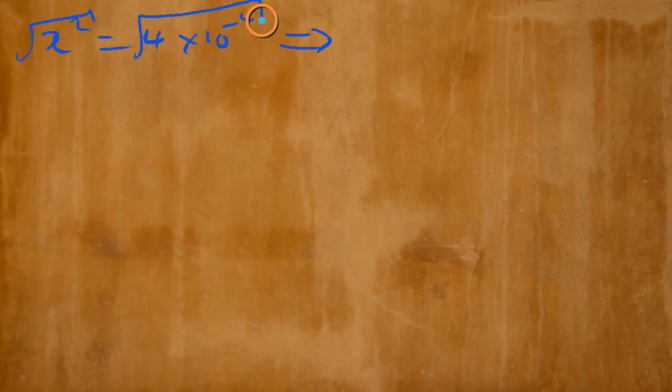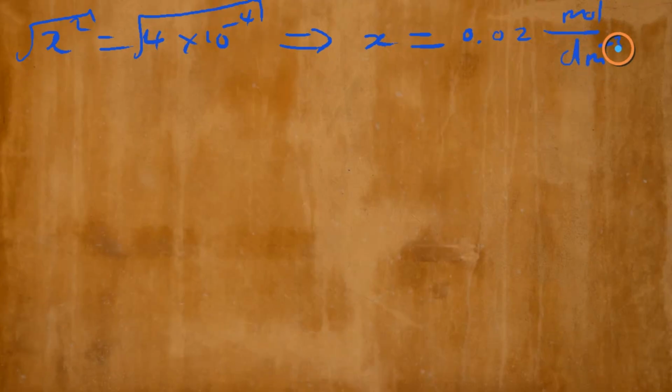Technically it's plus or minus, but in this case we choose plus because it's a concentration. We can't have a negative concentration. Therefore, X is equal to 0.02 mole per dm cubed.